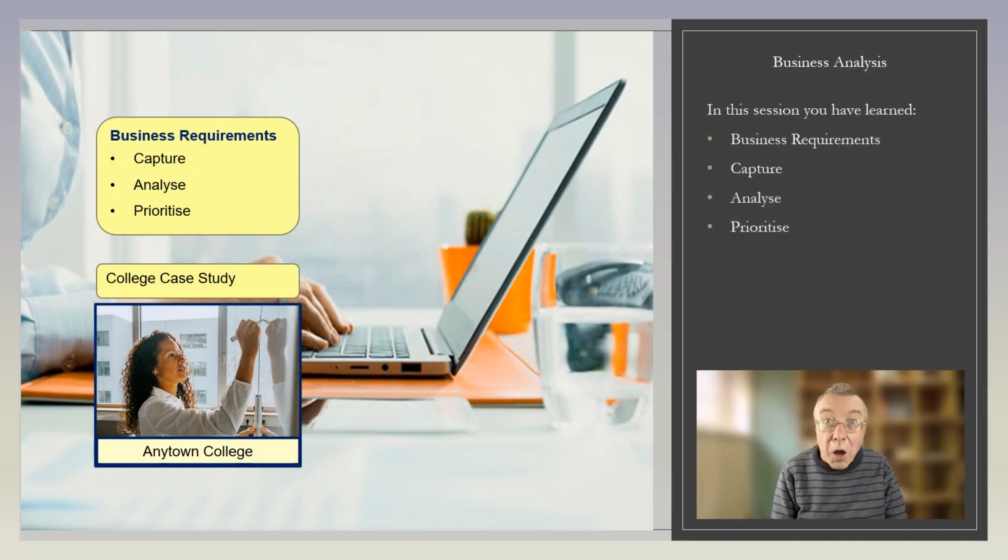So now I hope you understand a little more about business requirements on development projects, what they are, how you might capture and record them, and how to prioritize. And this should help you to work more effectively as part of a development team.